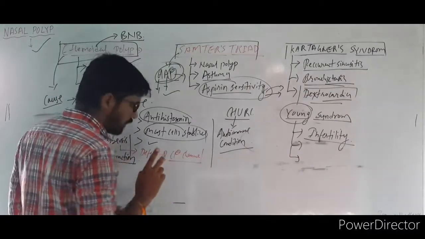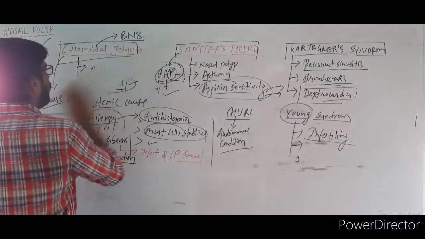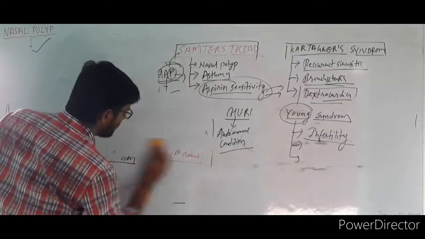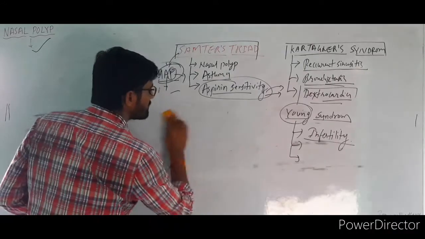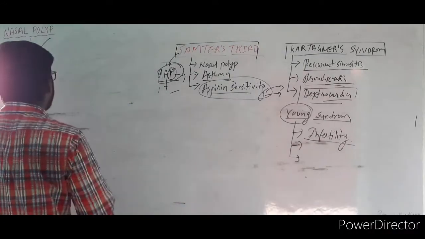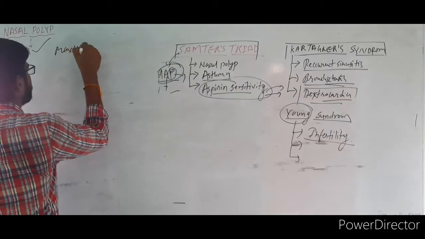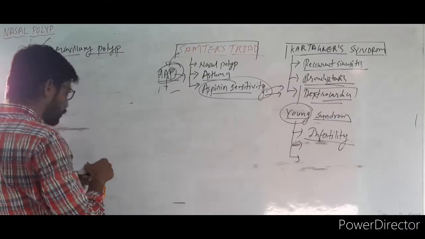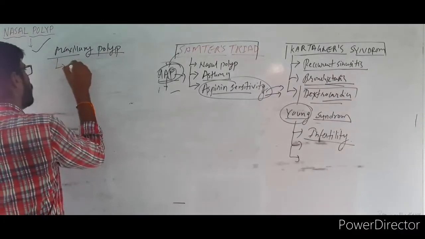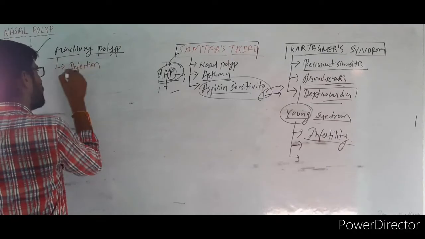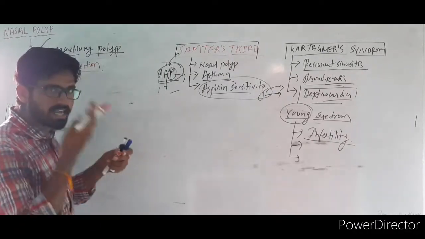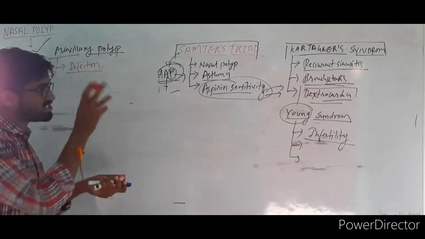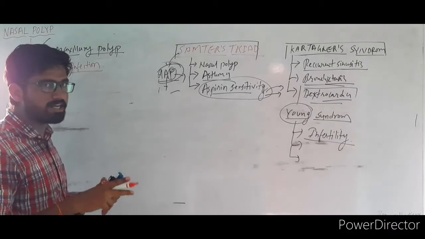Okay, so I want to discuss now maxillary polyps. In the maxillary polyp, what will happen? Can you tell me this maxillary polyp occurs due to what? Due to infection only. So the cause is infection. Now, if it occurs due to infection, it can be on one side. How can it spread to two sides? By systemic conditions, which lead to bilateral nasal obstruction.